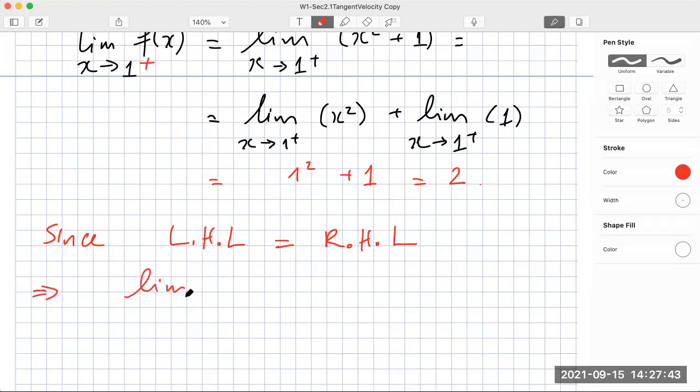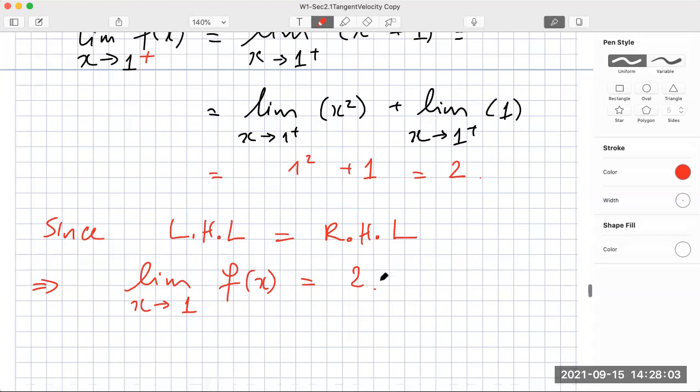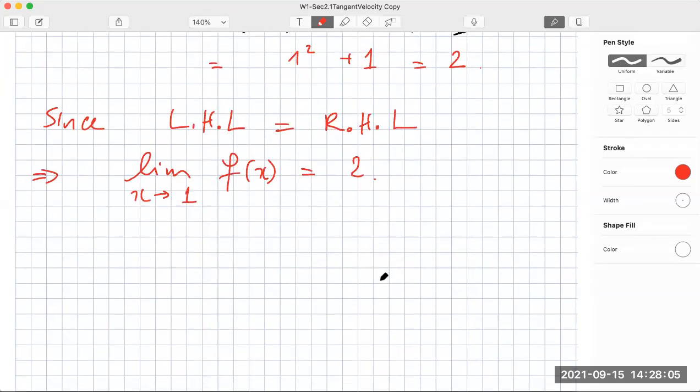Therefore, limit when x approaches 1 of the function f of x is simply equal to 2. Okay, we conclude this. In other words, it satisfies the second condition of continuity at this point. So the only thing, however, the third condition, is it satisfied?